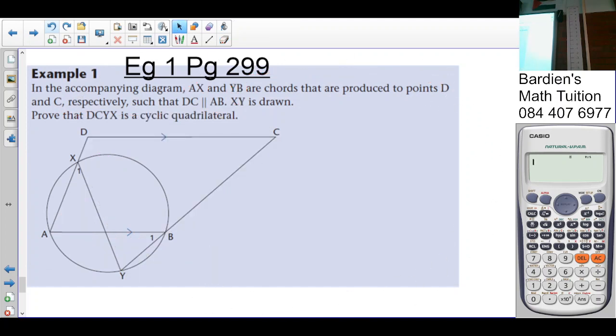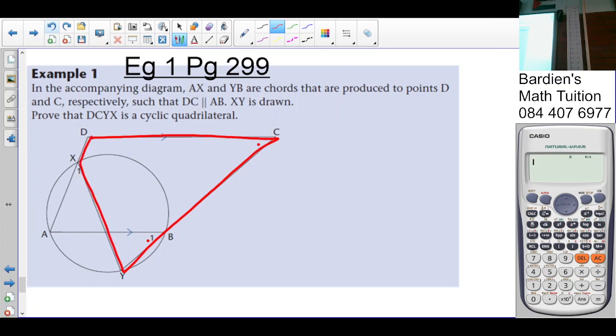We are told that in the accompanying diagram, AX and YB are chords that are produced to D and C respectively, such that DC is parallel to AB. Then we say that XY is drawn. Prove that DCYX is a cyclic quad.